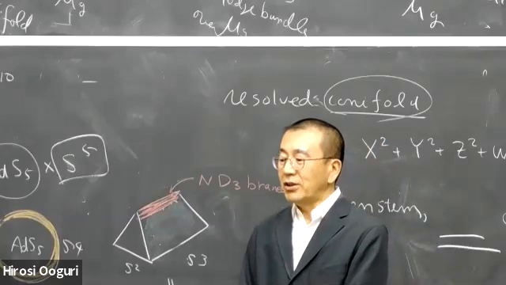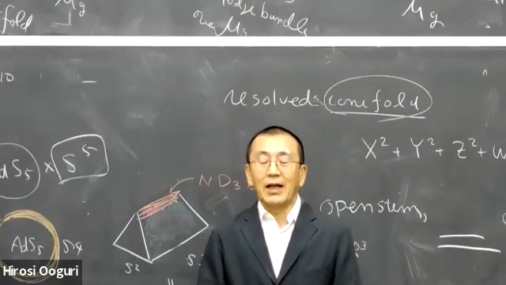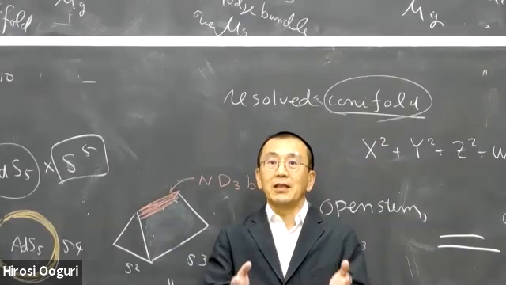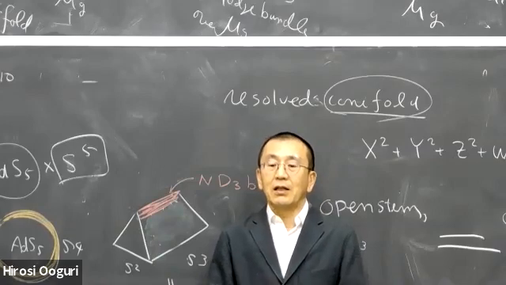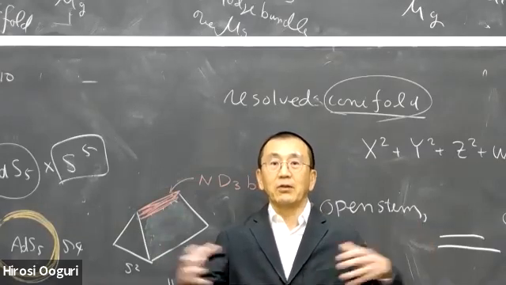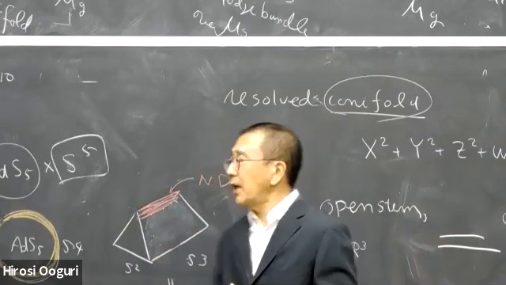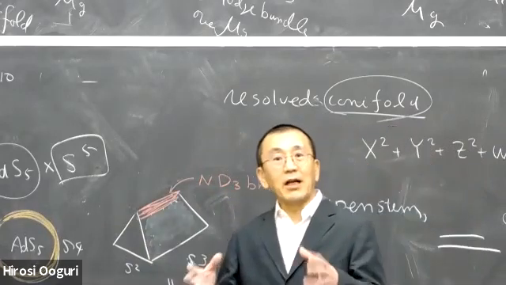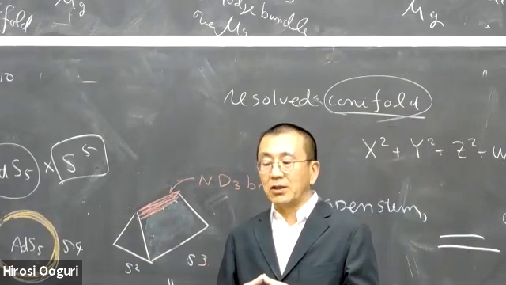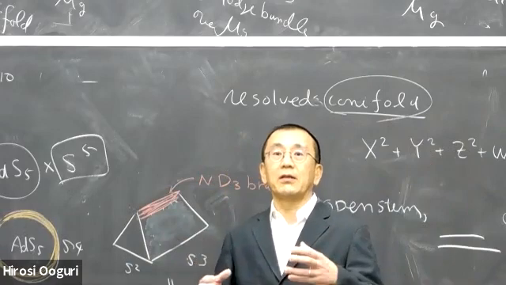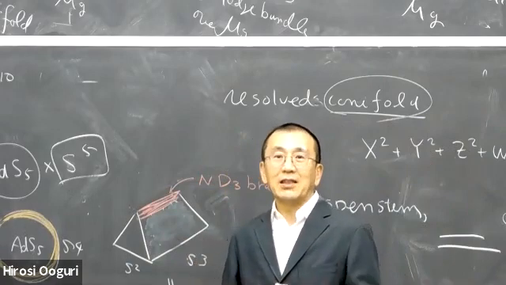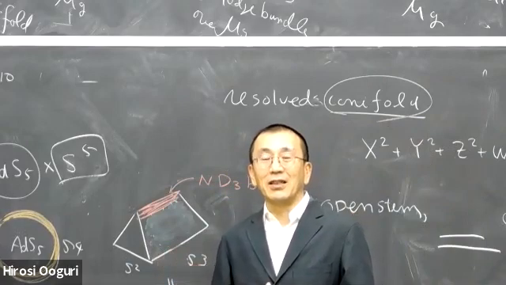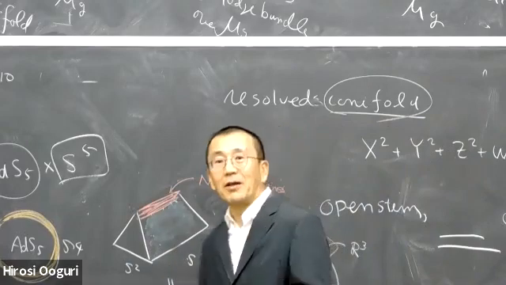There it was very important that the local information on the gravity side in AdS is encoded in the entanglement of the boundary state. So in the case of AdS/CFT, entanglement plays a very important role, and in some sense the holographic map is a quantum error correcting code. That seems to be the message that we have been learning from the recent developments in holography.